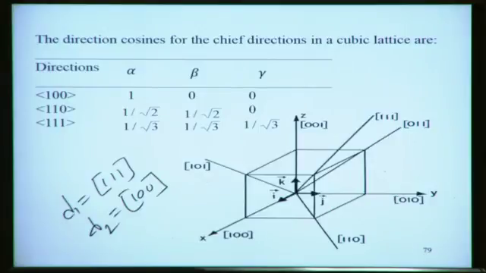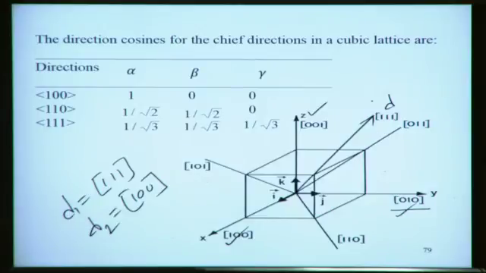So if we consider d as 1, 1, 1, and we have defined the other directions of the crystal axis system, the X, Y and Z, that is 1, 0, 0, 0, 1, 0 and 0, 0, 1. Now with respect to that we need to find the direction cosines with respect to 1, 1, 1.